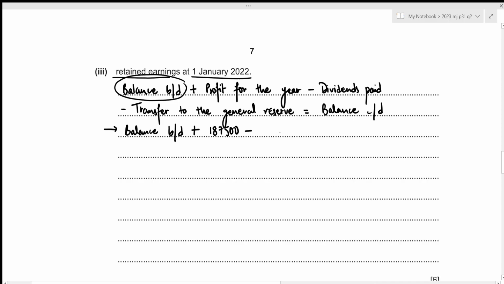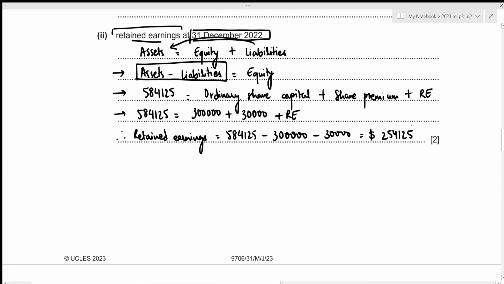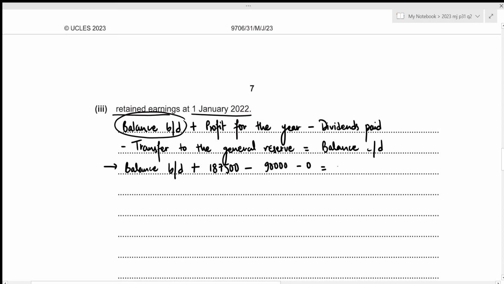So that's 90,000. And we are not given anything regarding transfer to general reserve, so we just assume it to be 0. Now, this will be equal to our closing balance, which you already figured out before. Right here, that's 254,125. So we can easily figure out the opening balance for our retained earnings.